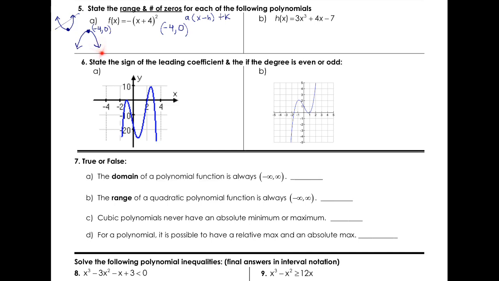So the very lowest that this is going down is what? Forever, right? So -infinity. And then what's the highest point it's going to? Well, as we go up, the highest on Y that we're getting is going to be 0. And so we know we have a 0 right here, and it's going to stop there for sure.